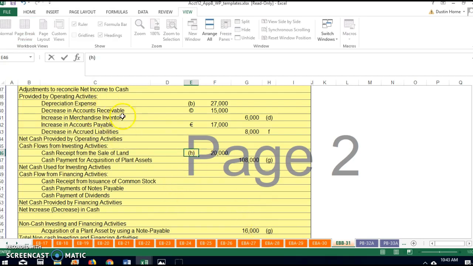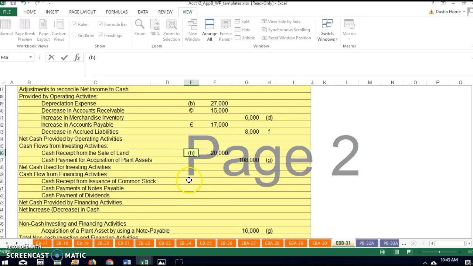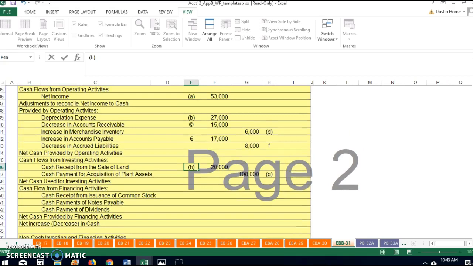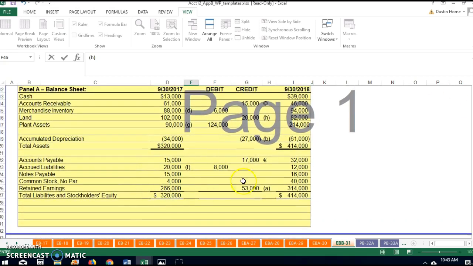So we have done our cash receipts from operating. We've done our cash receipts from investing. Now let's do our cash receipts from financing. Okay. We issued some common stock. So if we look at our common stock, I believe it said we issued, let's double check, we issued 36,000. So this will be, and let me make sure I'm following the order here, this will be for transaction I, common stock.